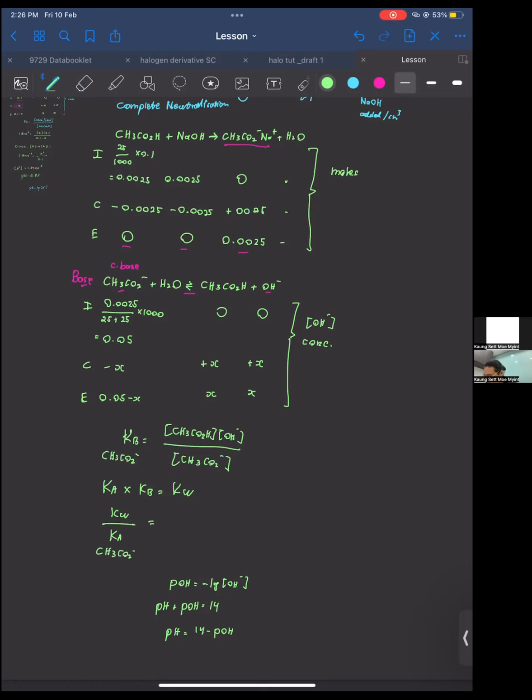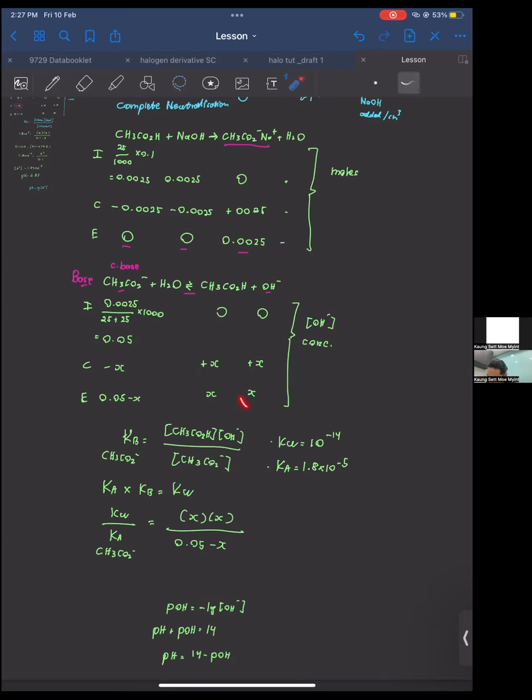We are going to put in the x values. x times x over 0.05 minus x. And you can solve because Kw is a constant value. You must memorize this, it is in the data booklet. Ka is given to us in the question. Okay, you can solve for that x value, and your x value over here will be the OH minus concentration.